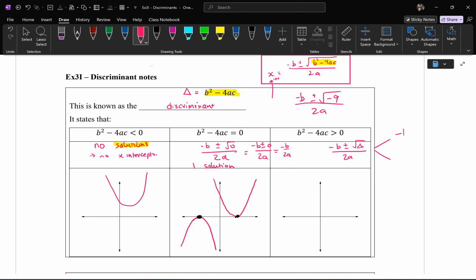Because you're really just getting negative b over 2a and adding the root of that number, or getting negative b over 2a minus the root of that number. These two cannot be the same. They have to be very different. So that's the scenario that describes where you get a quadratic with two solutions. And that's why they say two solutions for that scenario. Okay, so that's the theoretical understanding.